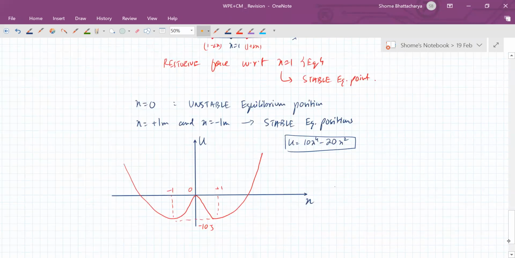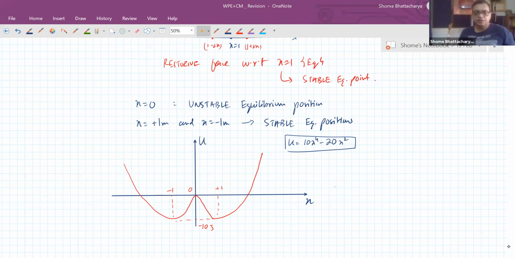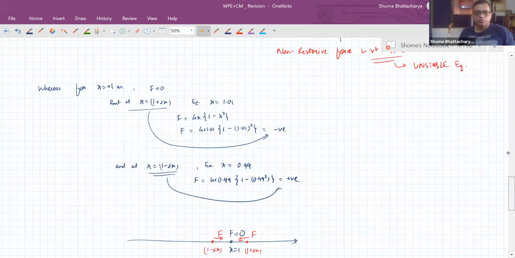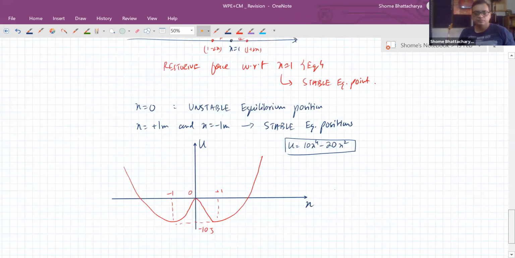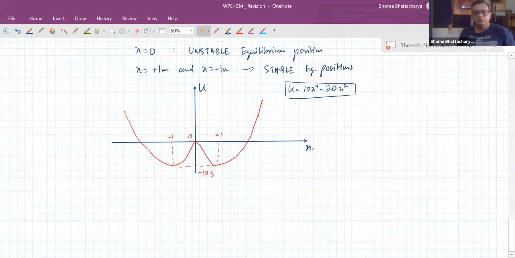Okay, so now let's come to the final part of the question, where we've seen that if we are giving the particle a kinetic energy of 60 joules at the origin, what is the maximum displacement it can make?